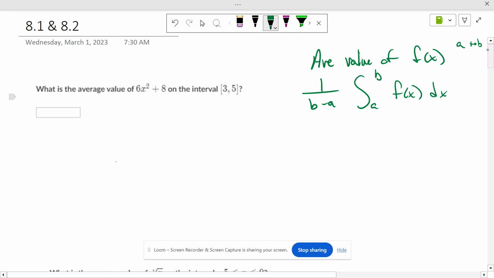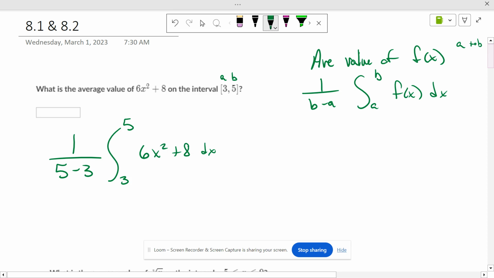Okay? So for this function, this is a and this is b. So it'd be 1 over 5 minus 3, the integral from 3 to 5 of 6x squared plus 8 dx.